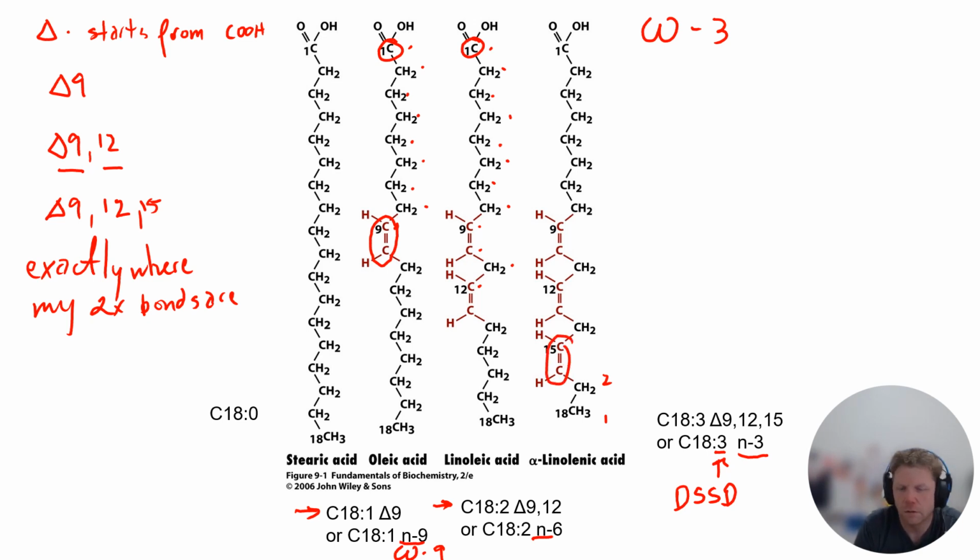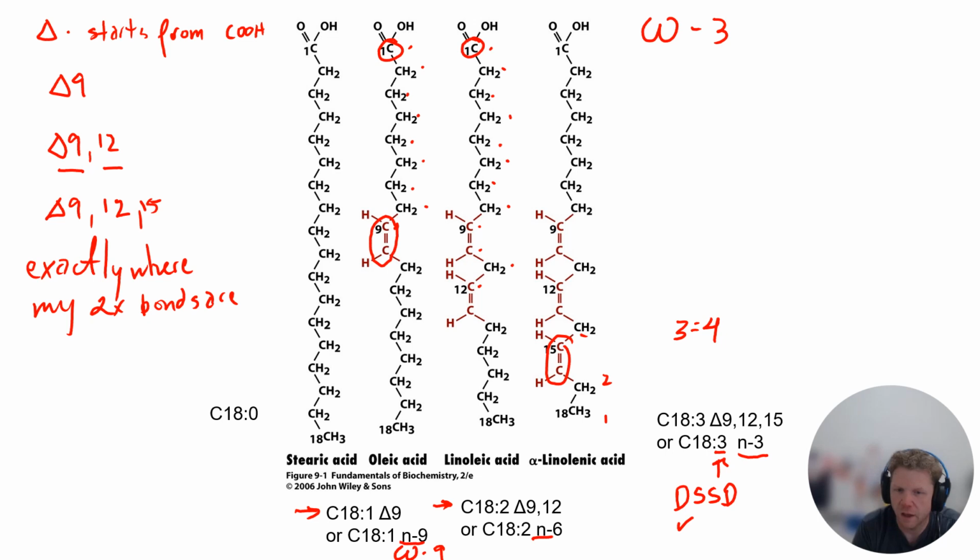Then our next double bond, where do we find that? Carbon number 3 is where our first double bond is, and carbon number 4, so it's 3 to 4. 3 to 4 has a double bond.